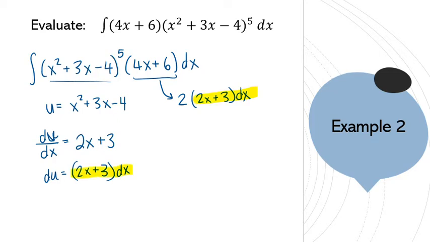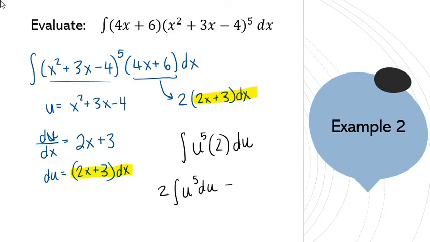So when I rewrite that in terms of u, I'm going to have the integral of u to the power of 5, and I had a 2 times 2 du. Boot the 2 out, and here's what we're doing. Use your general power rule.